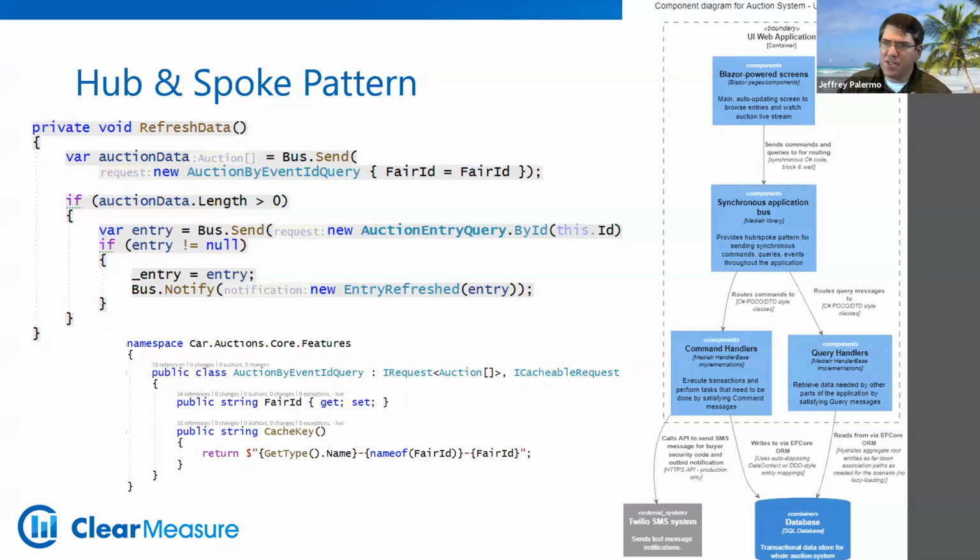Now, let's talk about patterns that you absolutely will need in a Blazor application. Actually, this is regardless of whether you are Blazor server side or WebAssembly. This is really any application. You need a hub and spoke pattern. If you've done API controllers with Web API or MVC controllers, you're used to working with a hub and spoke pattern that Microsoft has given you, where the hub is the IController interface, and the spokes are all the various implementations of IController.